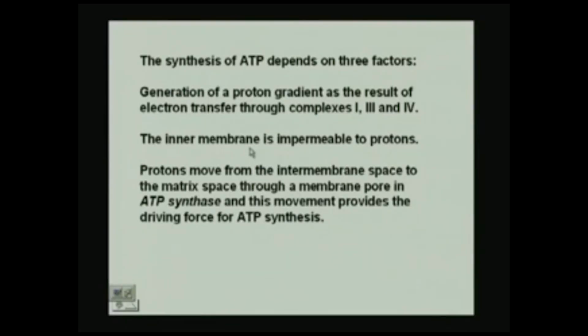Since we need the protons for ATP synthesis, they have to be pumped from the matrix of the mitochondria to the intermembrane space, and then this movement is possible only through the pore that is present in the protein ATP synthase. We will look at the structure of ATP synthase also, and this will provide the driving force for ATP synthesis.